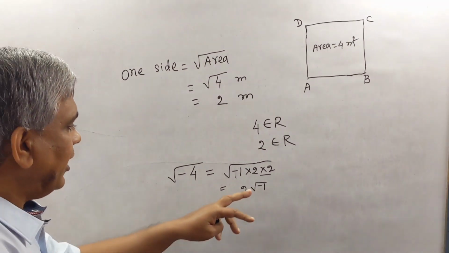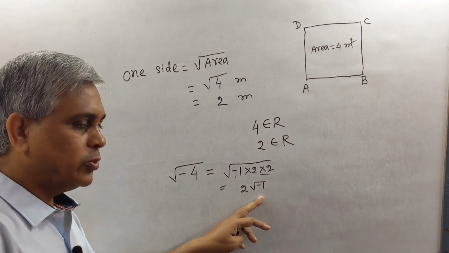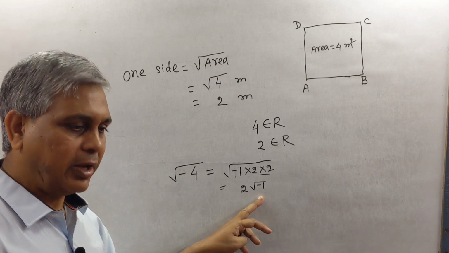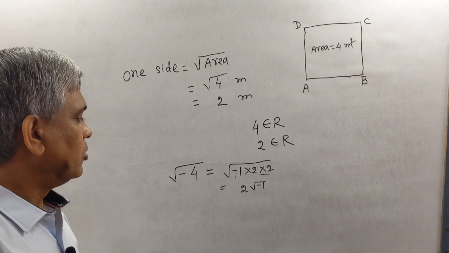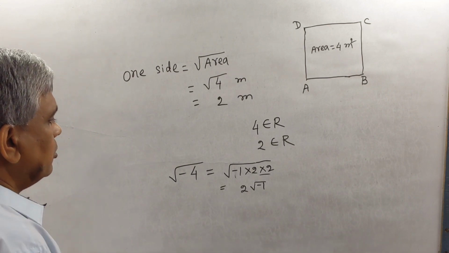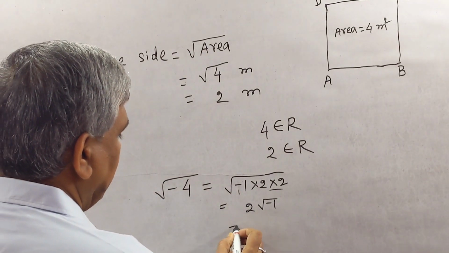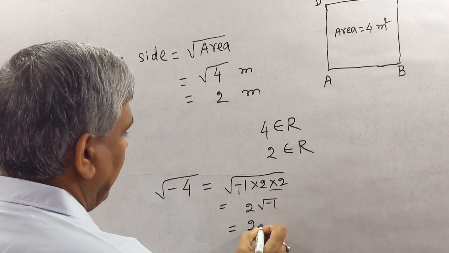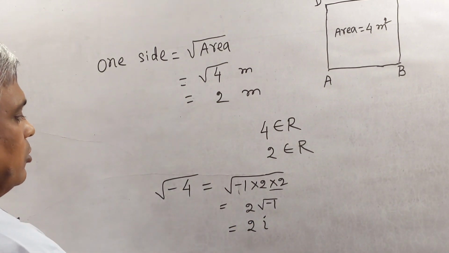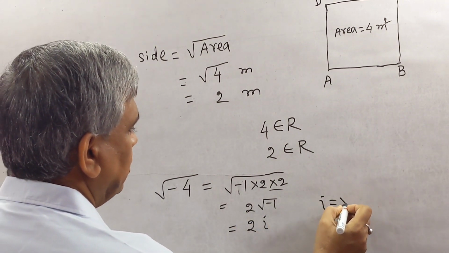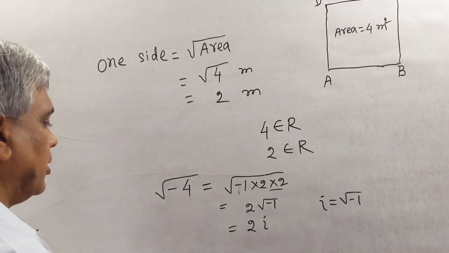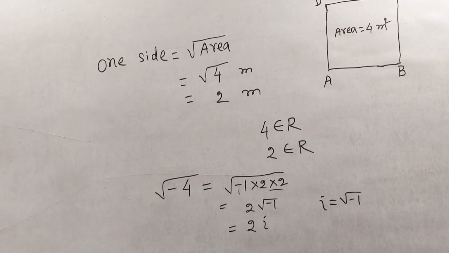We cannot find square root minus 1 as a real number. So we write it as an imaginary number, 2i. We give the value i equal to square root minus 1. So we get the concept of imaginary number.